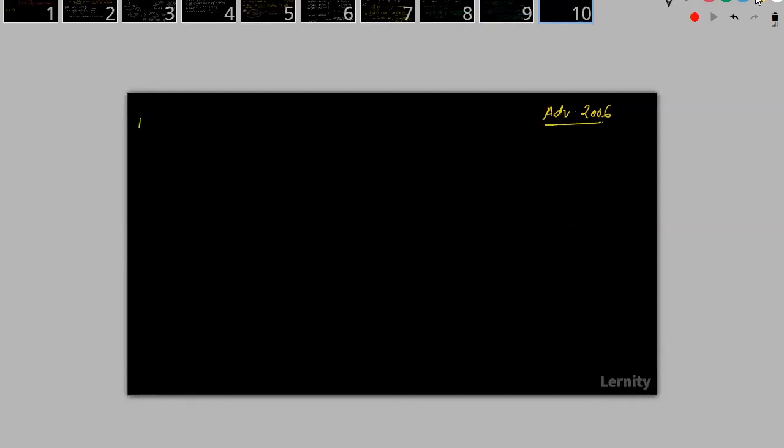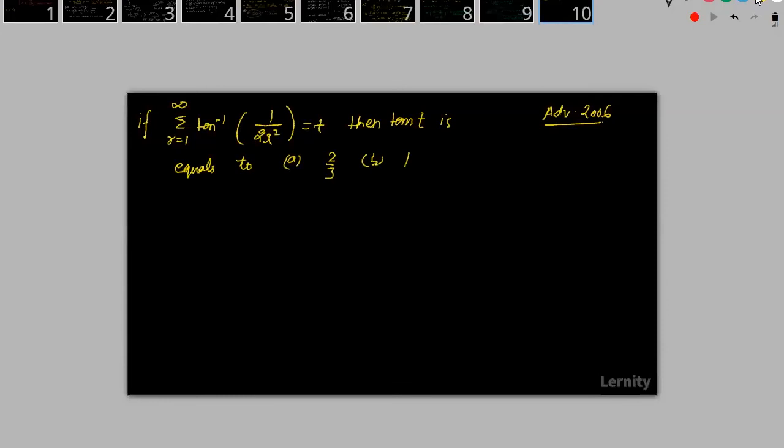They have given, if sigma r is equal to 1 to infinity, tan inverse of 1 by 2r square is equal to t, then tan of t is equal to: A option 2 by 3, B option 1, C option root 5 by 3, and D is none of these. Okay, solve this.